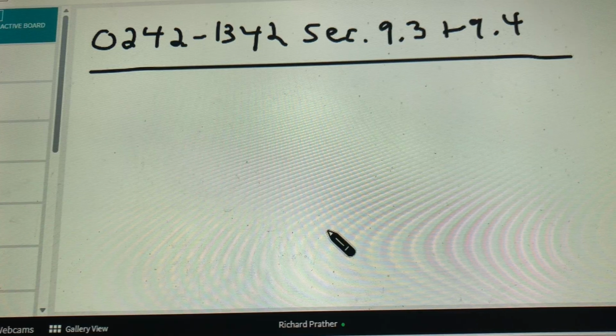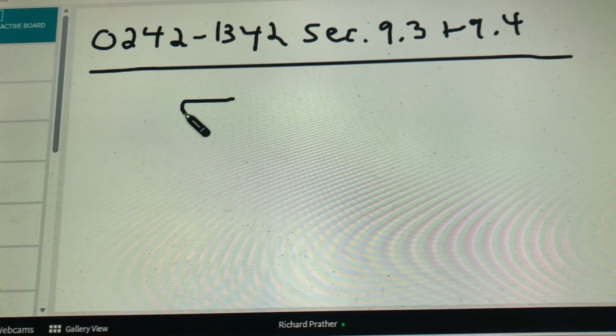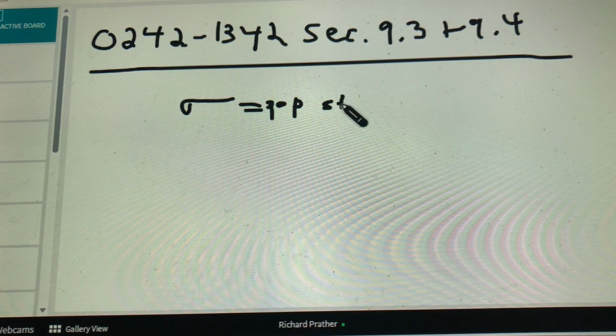So 9.3 is very similar to 9.2, except in 9.2 you always know the population standard deviation sigma. So when sigma is known, population standard deviation, then you have some kind of z situation like a z interval or a z-test.